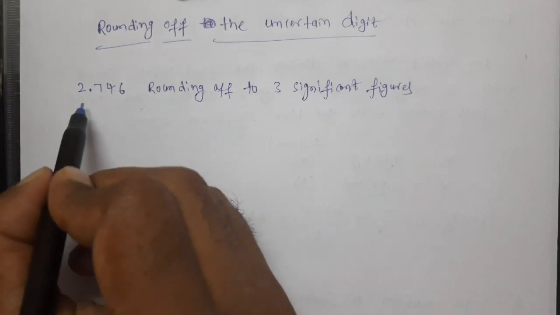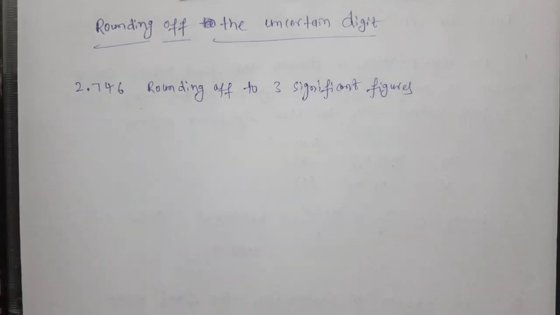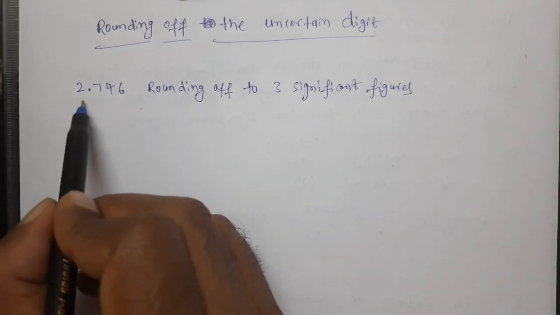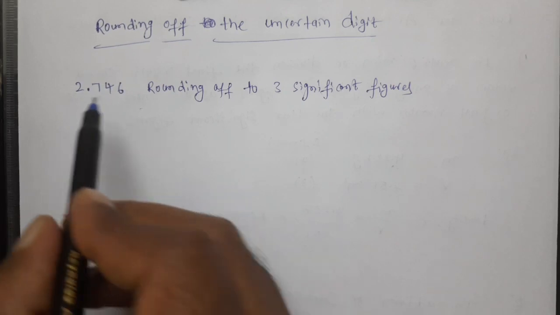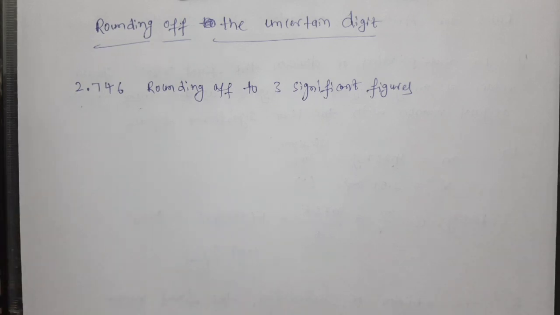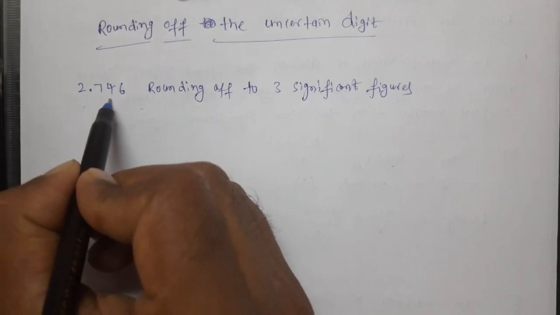Yes, this is the number we have. Total how many significant figures are there? We have total 4 significant figures in this number, but we want to convert this value into 3 significant figures. That means we are rounding off.